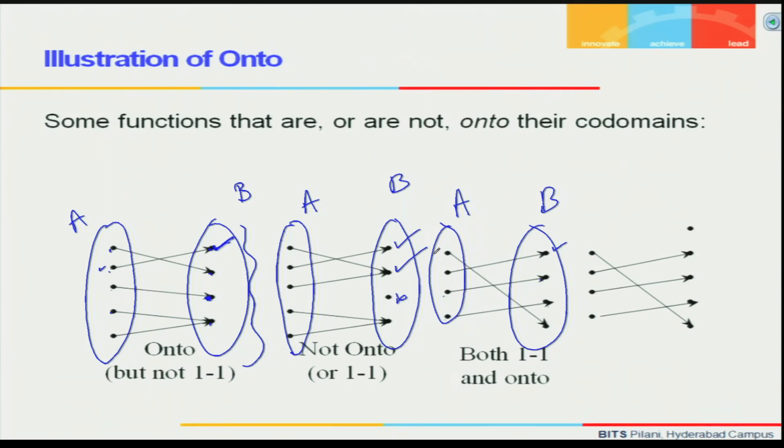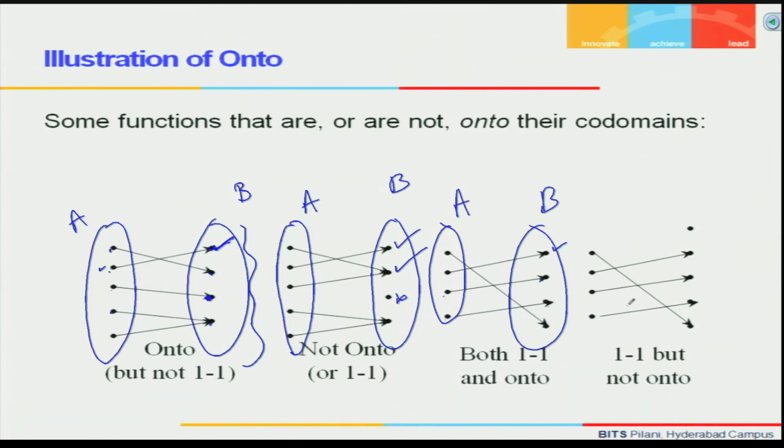Hence this is an onto function, and in this case it is one-to-one also. Why? Because distinct elements here have distinct images. All the images of these elements are distinct. Hence it is both 1-1 and onto.